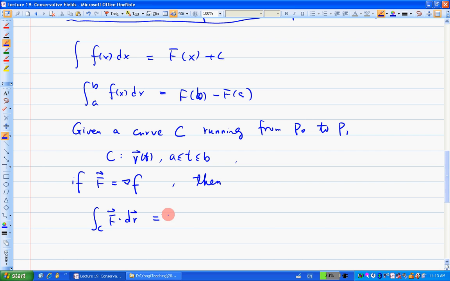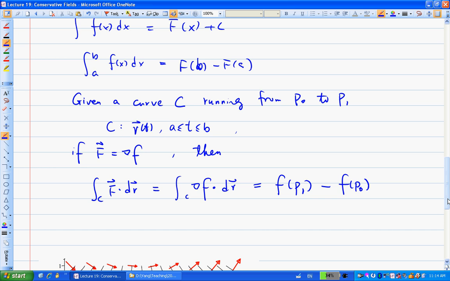What this theorem says is that we just replace F with del f, and you evaluate just based on the difference between these two values. So that's the fundamental theorem of calculus for line integrals.